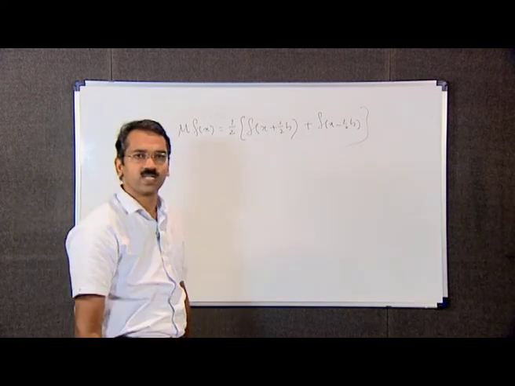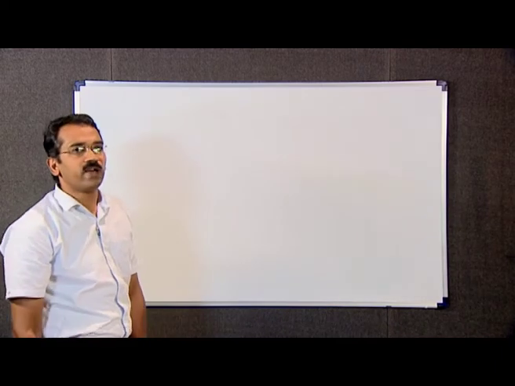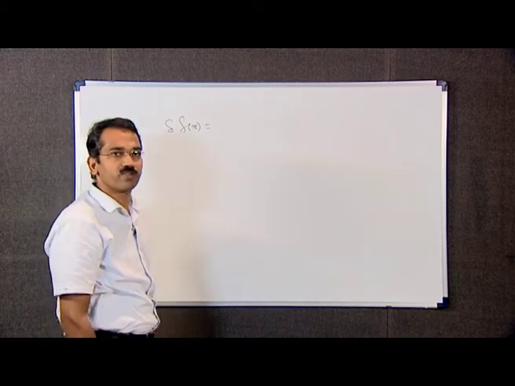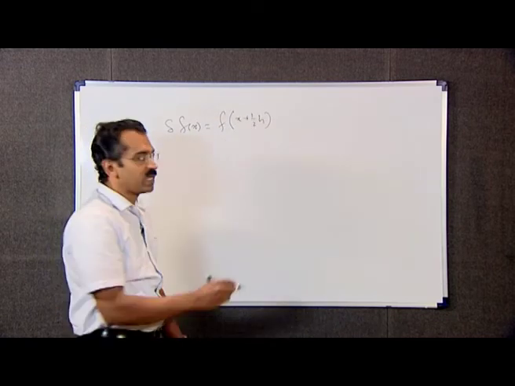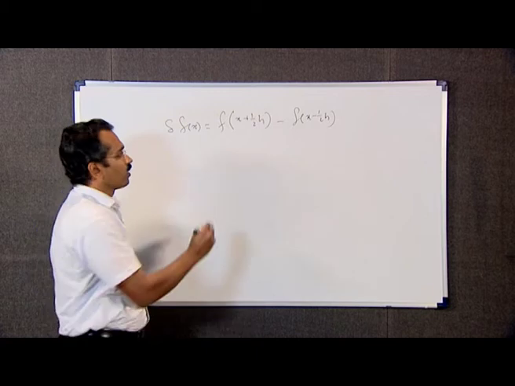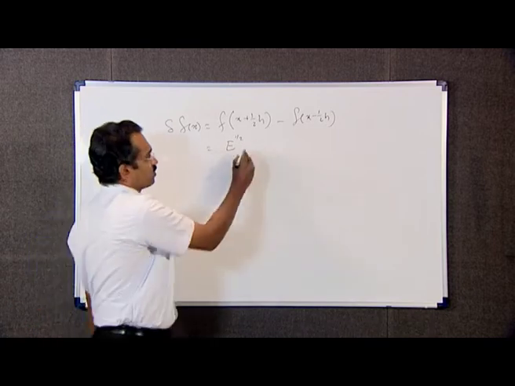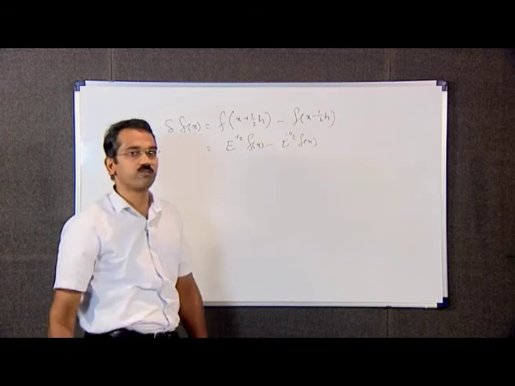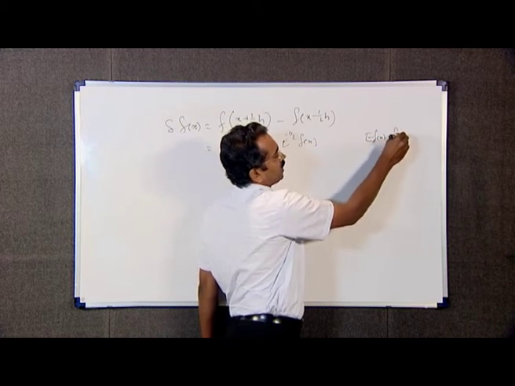Now, we shall discuss some relations between the operators. We have the central difference operator del f of x is equal to f of x plus 1 by 2 h minus f of x minus 1 by 2 h. That is equal to e raised to 1 by 2 f of x minus e raised to minus 1 by 2 f of x. By the definition of the shift operator, we have E f of x is equal to f of x plus h.